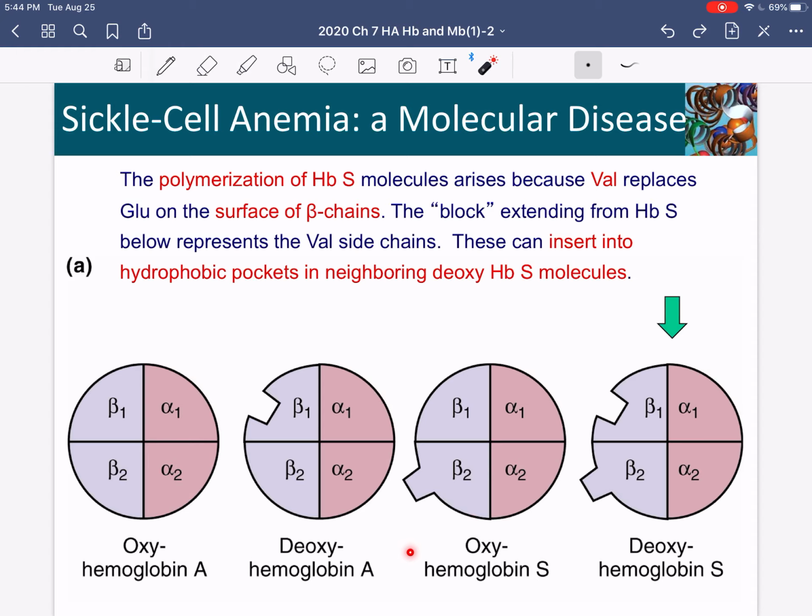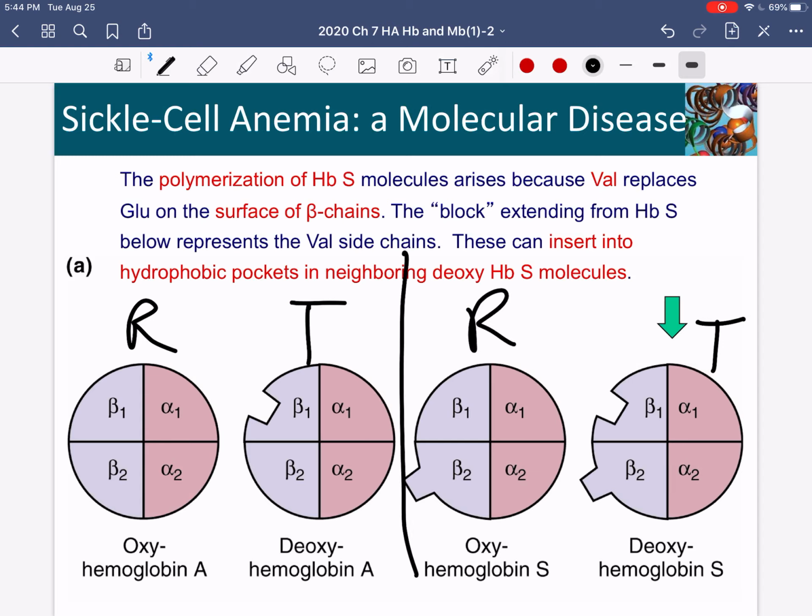And if you look at oxyhemoglobin S, this is the sickle cell, this is the mutation. You have that valine protruding from this side of the beta chain, and another one protruding on the other side of this beta 1 chain, because these are both beta chains. Okay, and so now you put deoxy, this is a T state, right? The T state, this is the R state, T state, R state, T state.